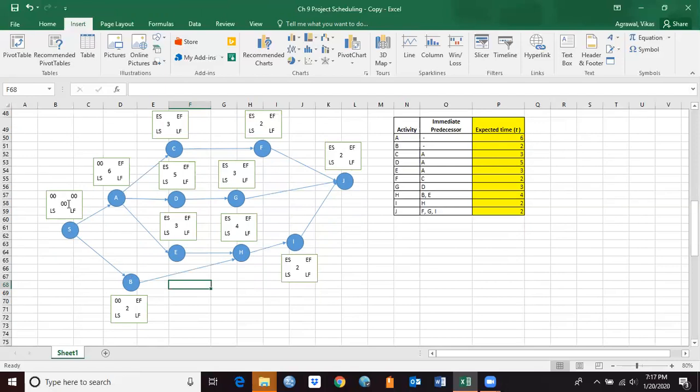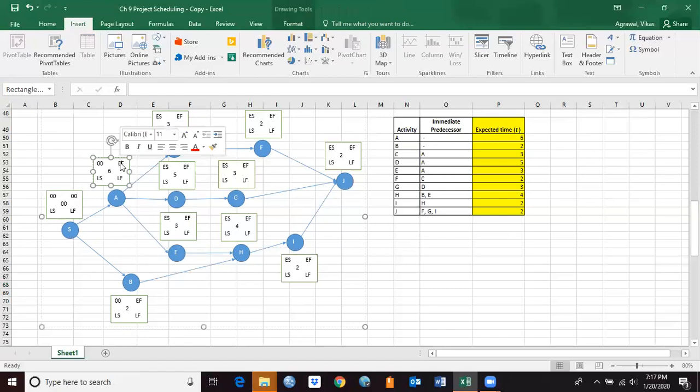It does not consume any resources, so duration is 0. So if this is done at 0 time, I can start A and B at 0 time. Now early finish for activity A is going to be 0 plus 6, which is 6. So I'm going to write 6 here. And for activity B, it is going to be 0 plus 2, which is 2 here.